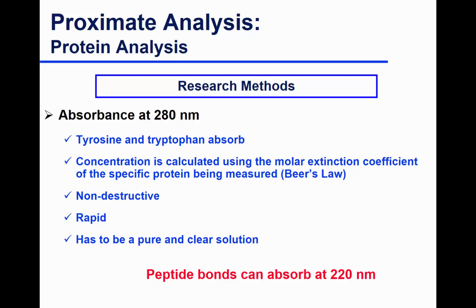So if you're trying to detect the protein peak in HPLC, you can collect it at 280 nanometers, and then you can use those fractions for further analysis and characterization. A disadvantage, because of the limitations of spectroscopy, is your solution has to be pure and has to be clear.